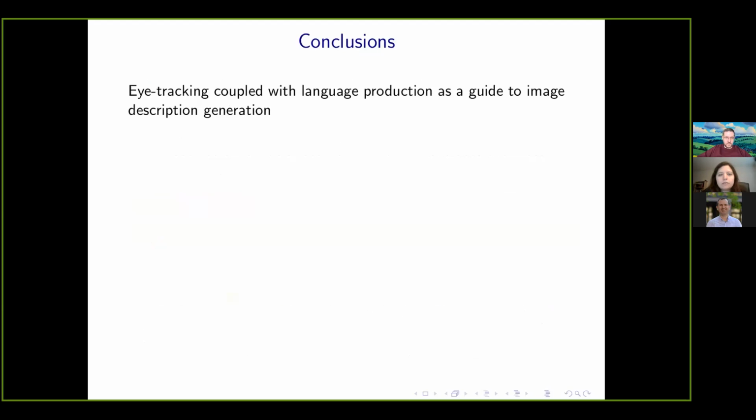Yeah, so to conclude, we have used eye tracking coupled with language production as a guide to image description generation. We have seen that using sequential gaze data as opposed to static gaze data can help us generate more human-like descriptions.